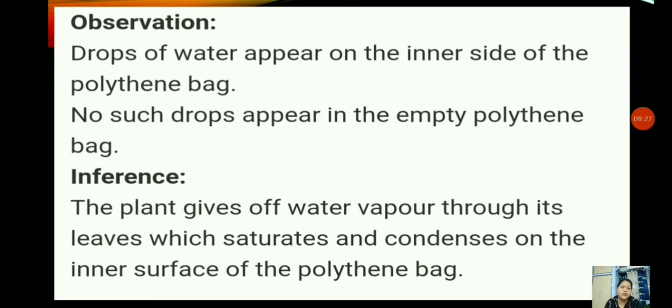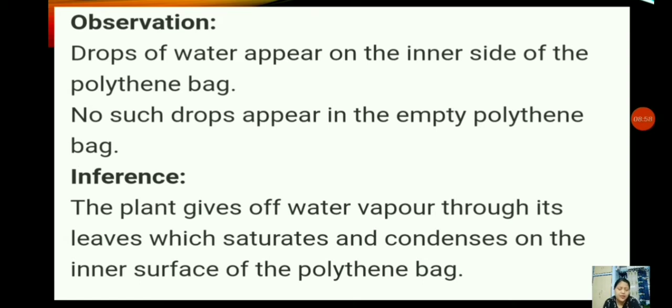So the polythene bag which has covered the plant will have some water droplets on its inner side, while no such drops appear in the empty polythene bag. So the inference: the plant gives off water vapor through its leaves, which saturates and condenses on the inner surface of the polythene bag.